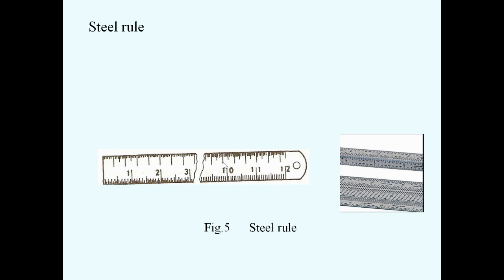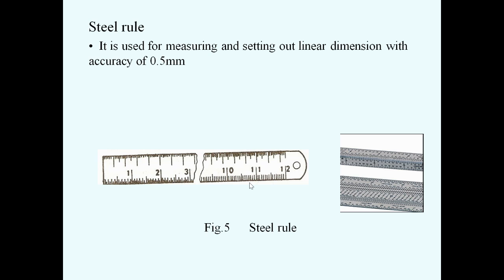So we can see the diagram here. Steel rule. This is a diagram of a steel rule. Okay, right. Steel rule is used for measuring and setting out linear dimensions.